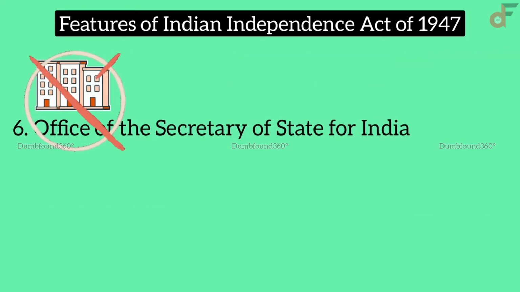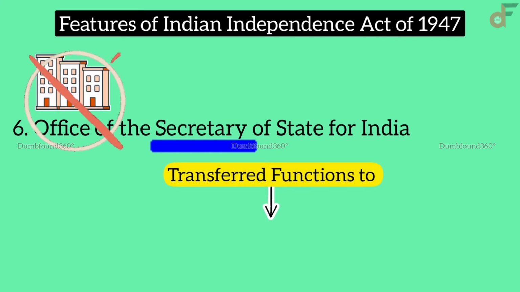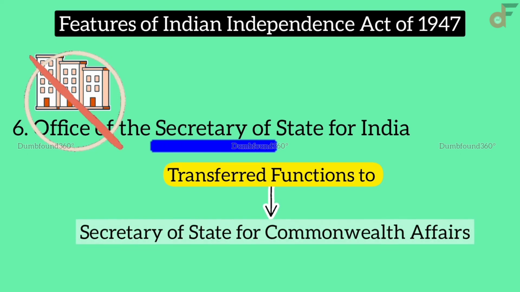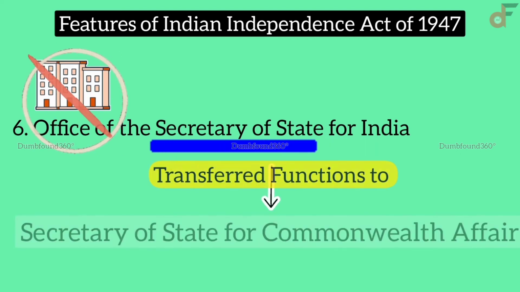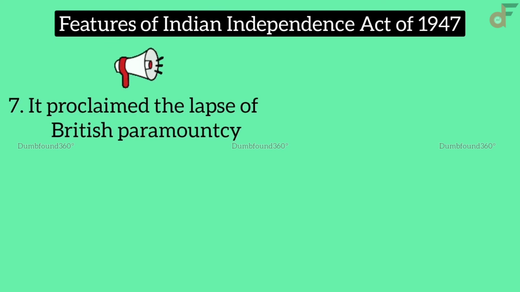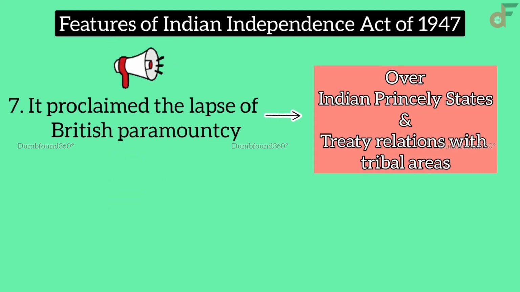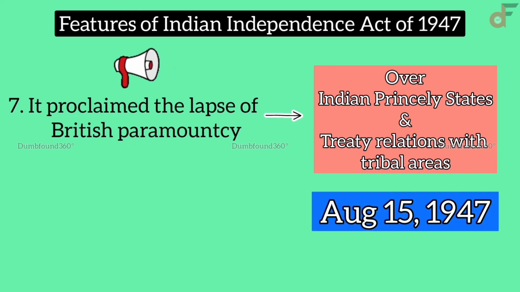It abolished the office of Secretary of State for India and transferred his functions to the Secretary of State for Commonwealth Affairs. 7. It proclaimed the lapse of British paramountcy over the Indian princely states and treaty relations with tribal areas from August 15, 1947.